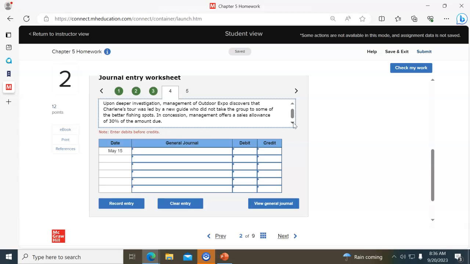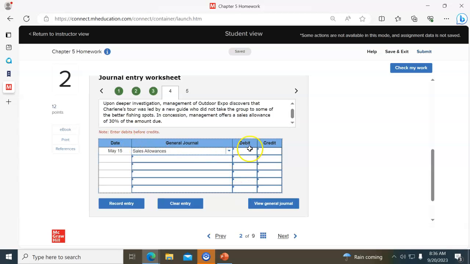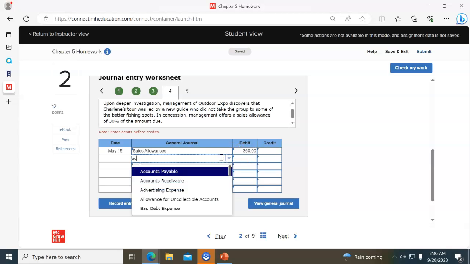Will we accord that adjustment? What do we debit? We debit sales allowance. 30% of $1,200 is what? $360, I heard somewhere. And what do we credit? Accounts receivable, right?